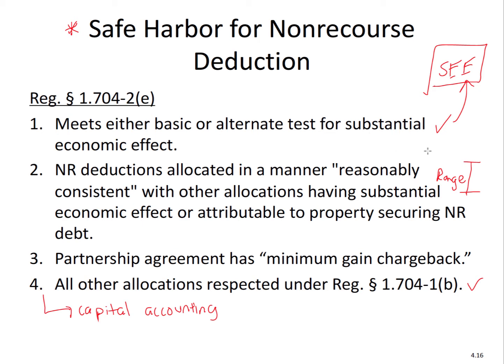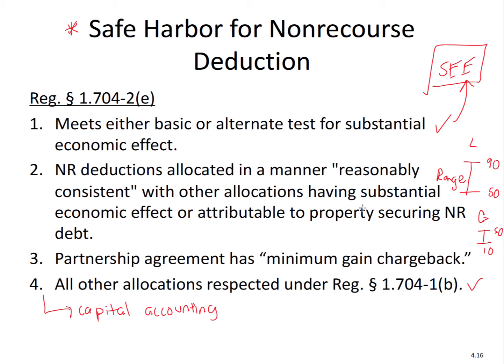So for that range, you have to look at each partner. In our example, for L it could be between 90% and 50%. Generally speaking, items other than non-recourse deductions will be allocated 90%, but when it switches over to profits, it'll be 50. So it can be 50, it can be 90, it can be anything in between for L. For G, it's anywhere from 10 to 50, based on the range of deductions.